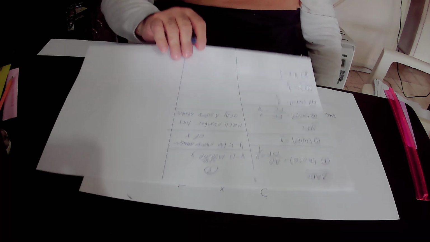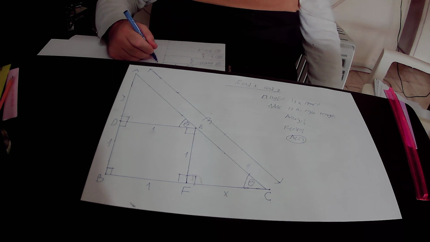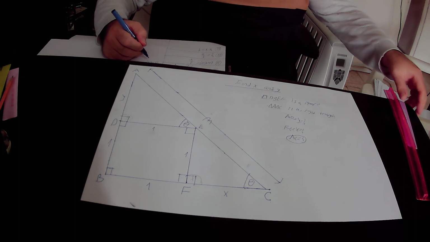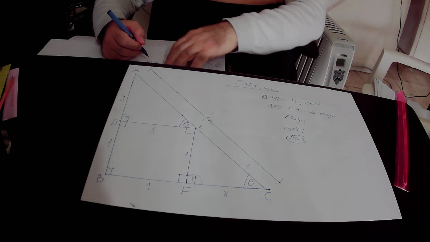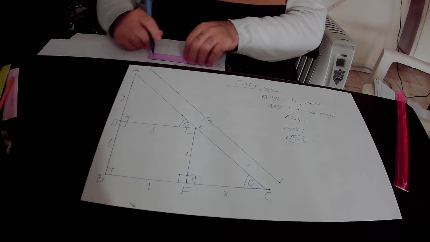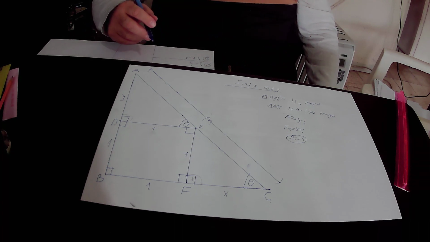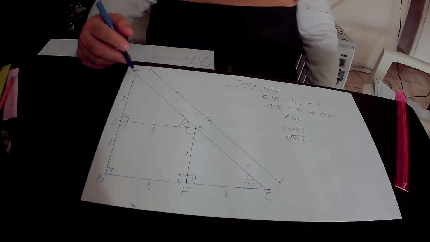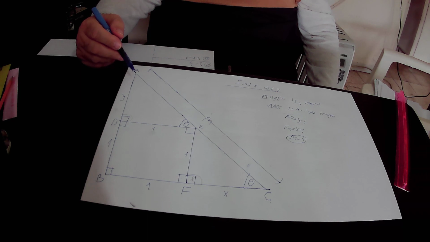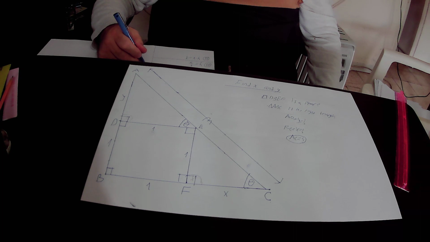In the next step, we will focus on the right triangle ABC. Here, according to the Pythagorean theorem, the square of the hypotenuse equals the sum of the squares of the perpendiculars. The hypotenuse is AC, so the square of the hypotenuse is AC squared.